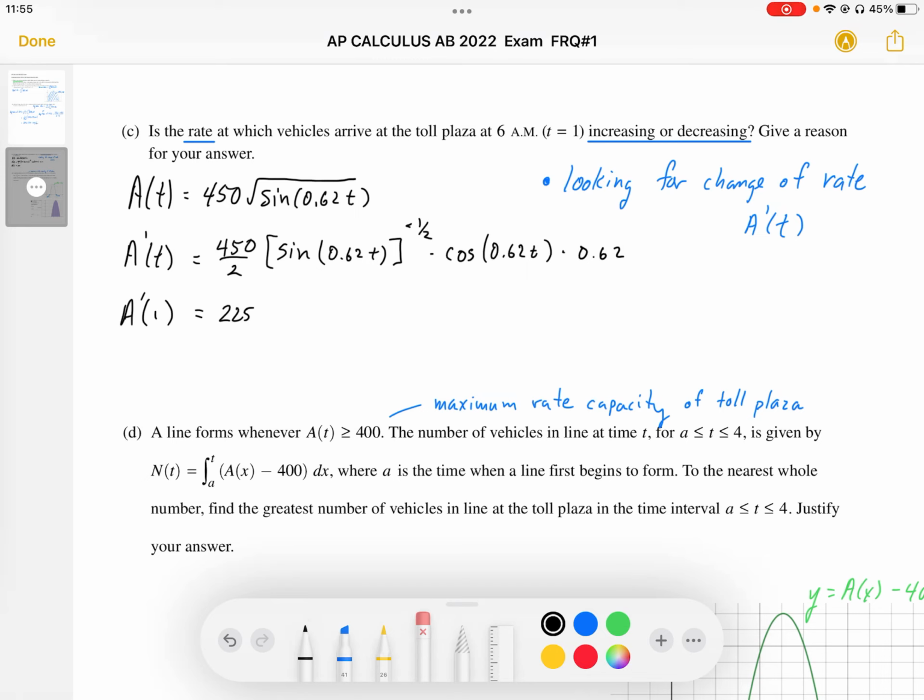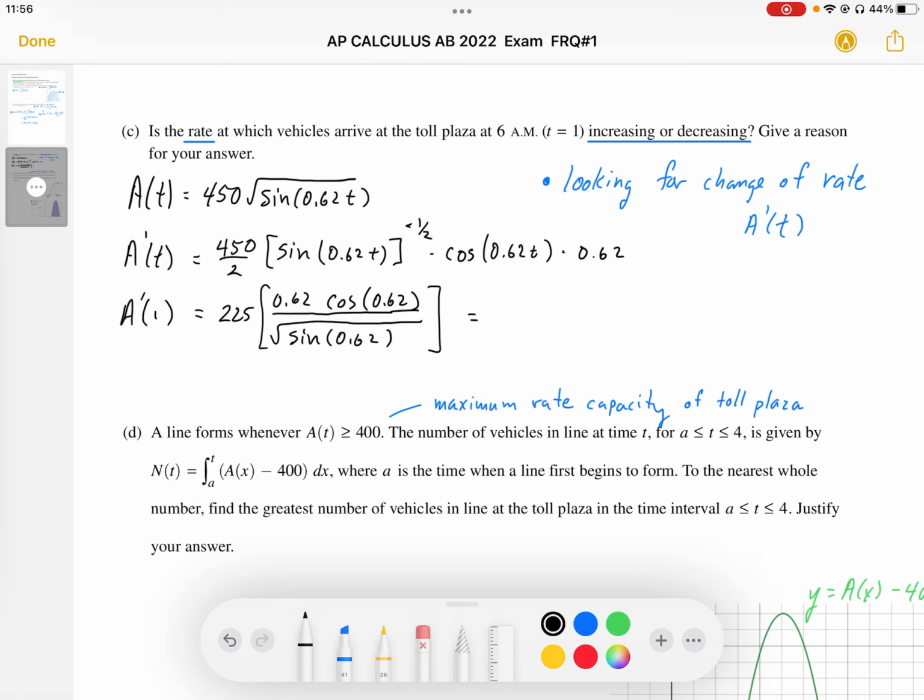In the numerator of my fraction, I'm going to end up with 0.62 cosine of 0.62, since t equals 1. In the denominator, I'm going to end up with the square root of sine of 0.62. That's going to be my expression when I plug in t equals 1.